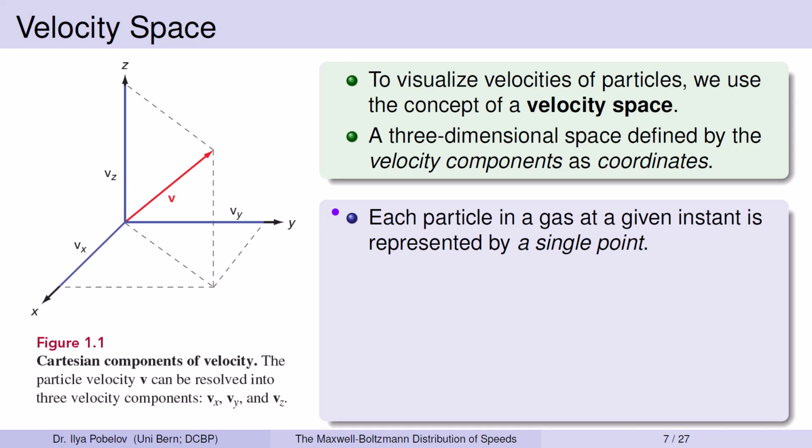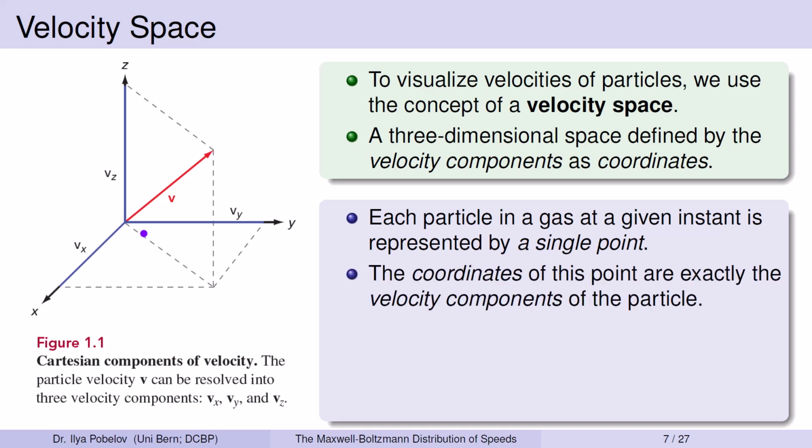In this velocity space, each particle in a gas at a given instant is represented by a single point. The coordinates of this point are exactly the velocity components of the particle.